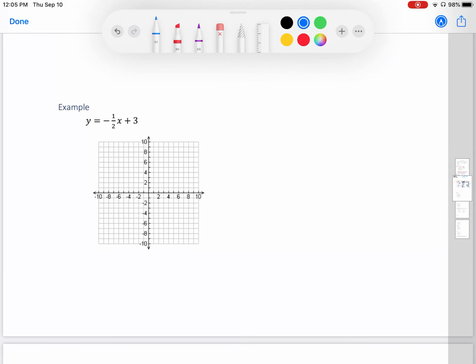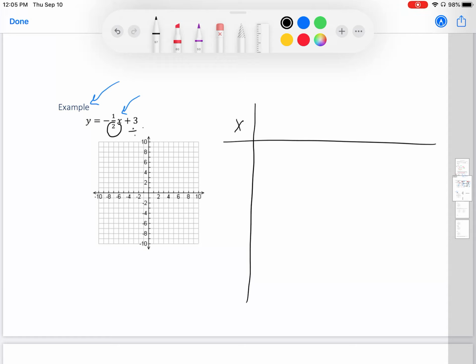y equals negative 1/2 x plus 3. Same idea. We'll have an answer for y, and we're going to plug in a value for x. As we look at our values for x, we see that we're essentially dividing by 2. So let's pick values that are even so that I can divide by 2 and hopefully not get fractions.